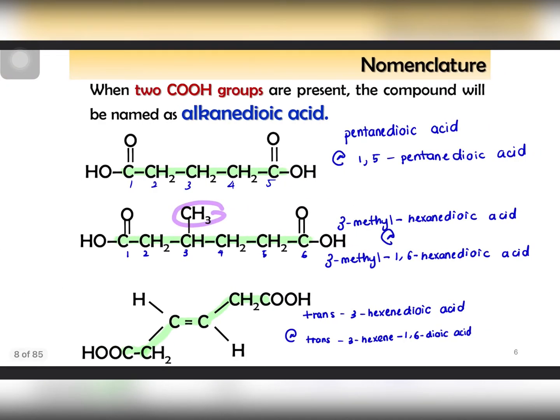Okay, next kita ada 2 carboxyl group present. So macam mana kita nak bagi naming? Dia akan jadi alkane dioic acid. So contoh kalau pentane ada 5 carbon kan, dia akan jadi pentane dioic acid. Okay, so kita akan ambil nama alkane tersebut, contoh butane dioic acid, begitu.